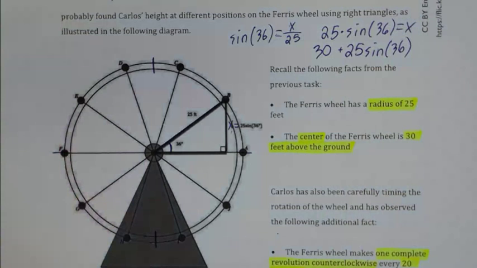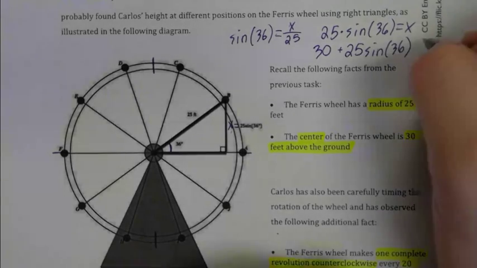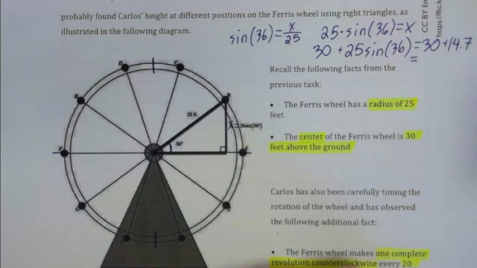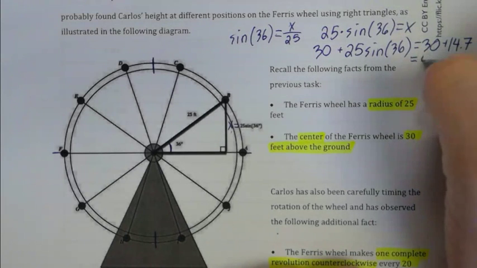And if you were actually to find those values, that's 30 plus 14.7 in other terms. And that meant that point B in this particular example was 44.7 feet off the ground.